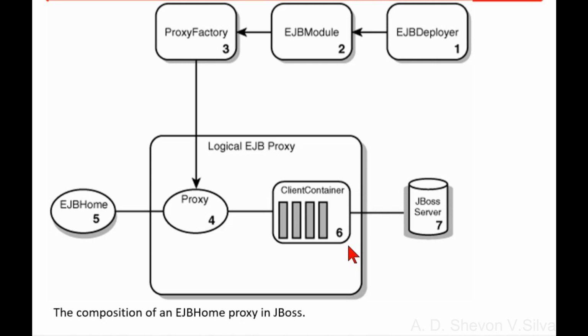The invocation context contains the following: the JMX object name of the EJB container that the proxy is associated with, the javax.ejb.EJBMetaData for the EJB, the JNDI name of the EJBHome interface, and the transport specific invoker, org.jboss.invocation.Invoker.